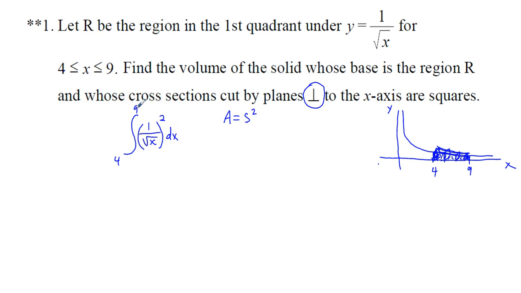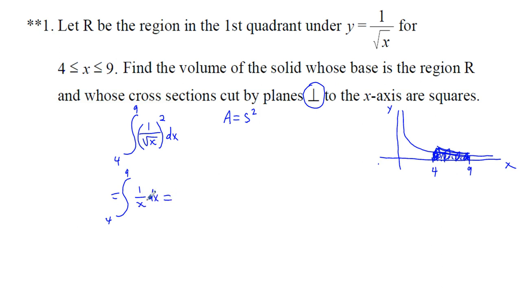And let's go ahead and see what we have here: from 4 to 9, we have 1 over square root of x. And when we square that, it becomes 1 over x dx.